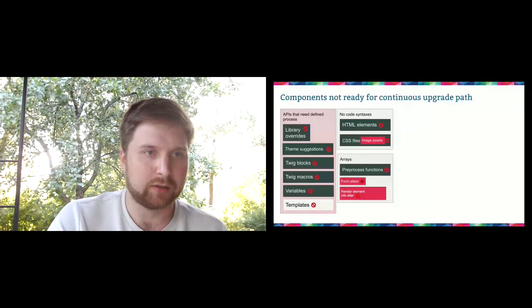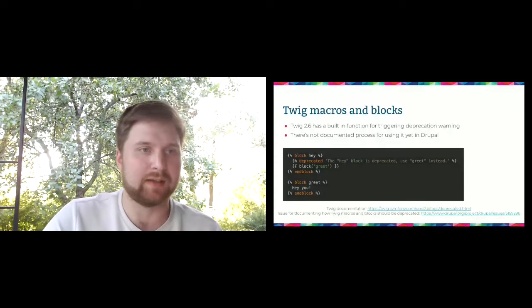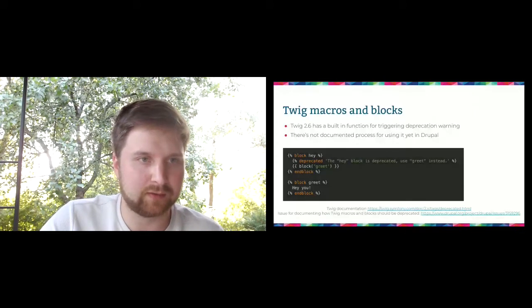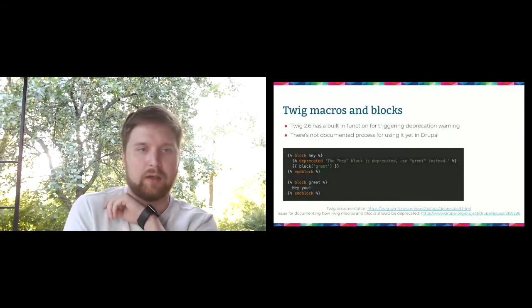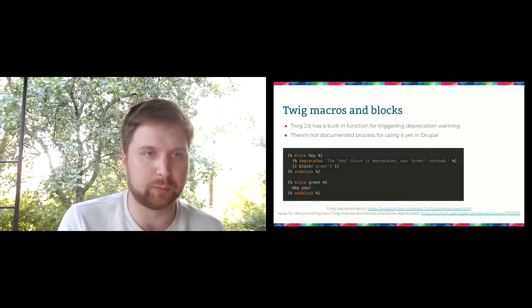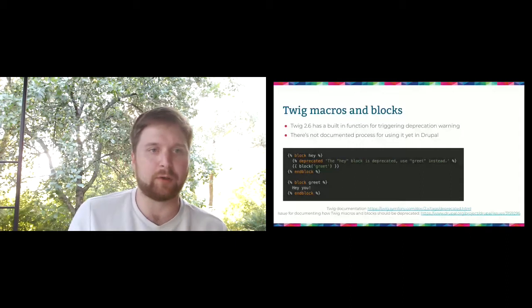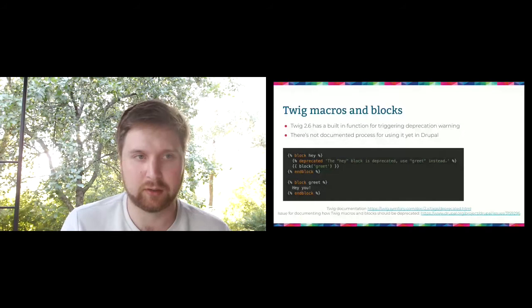I'm going to start by talking about the Twig macros and blocks. A great thing related to this is that Twig 2.6 has a built-in function for triggering deprecation warnings, which I think we would be able to utilize in Drupal Core. Unfortunately, we don't have a documented process for using it yet, but that should be pretty easy because the function exists already.